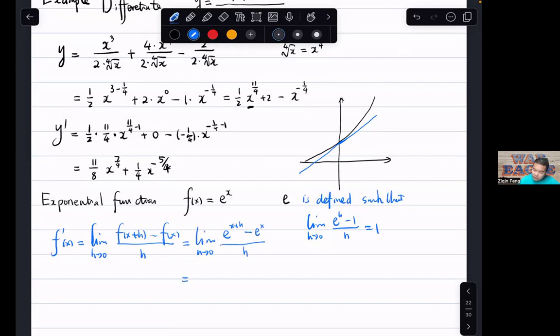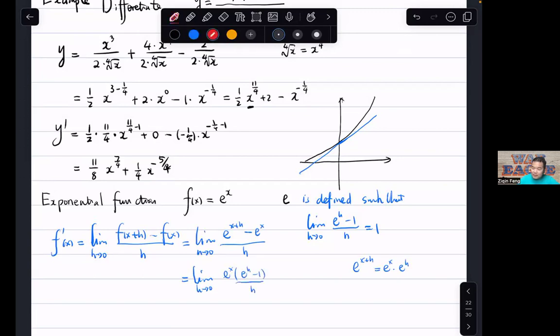And so this is equal to, as h goes to 0, we know that e to x plus h is the same as e to x times e to h. So the first term and second term has a common factor, which is e to x. So e to x times e to h minus 1 over h.